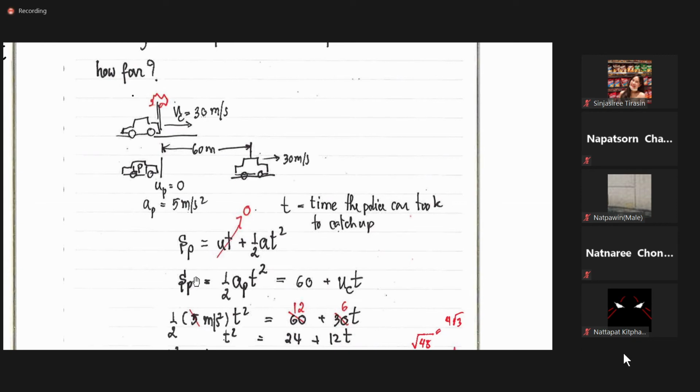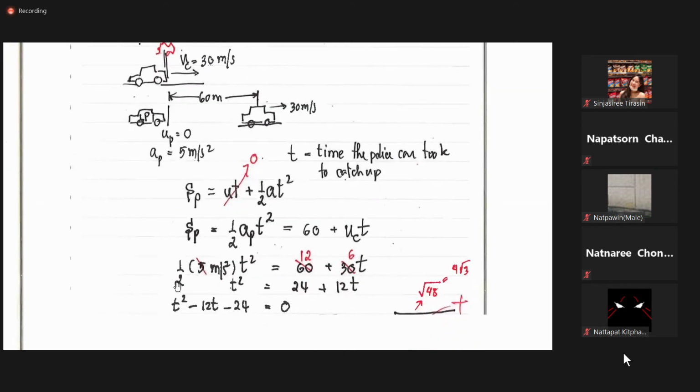So SP equal to 1/2 aP t squared must equal 60 plus uC t. You substitute the numbers given: 1/2 of 5 meters per second squared times t squared equals 60 plus 30t.